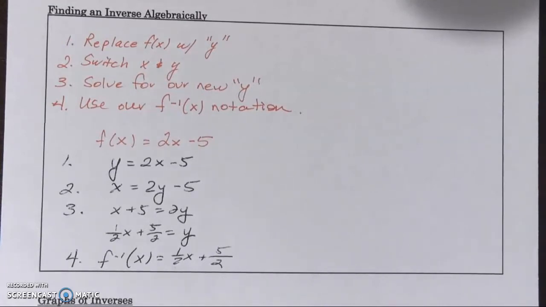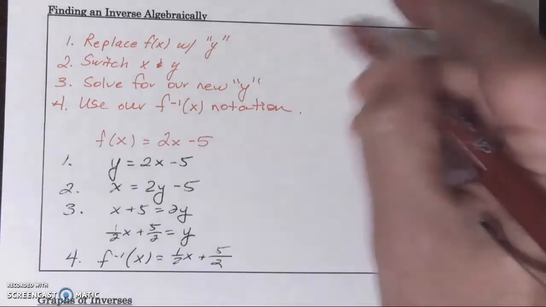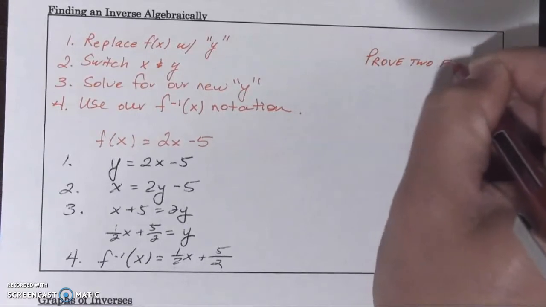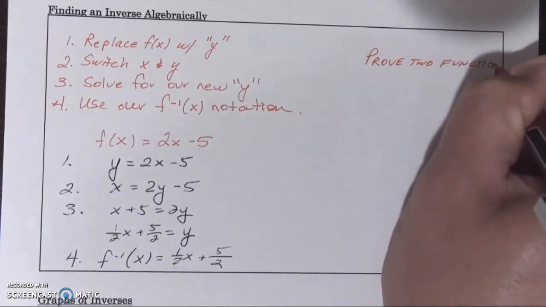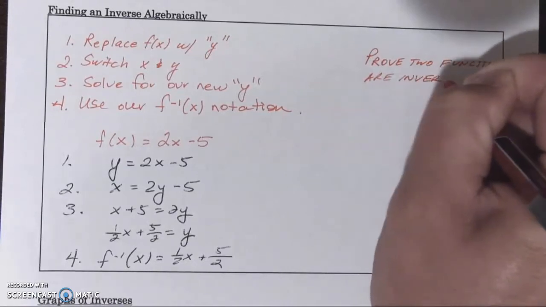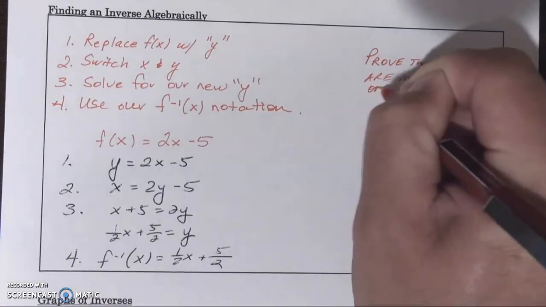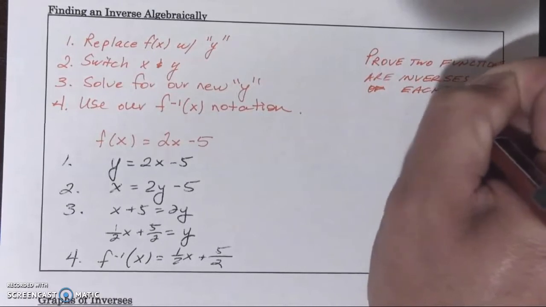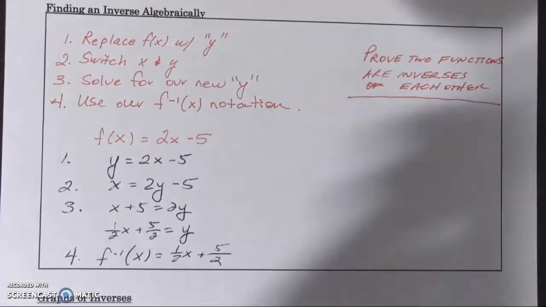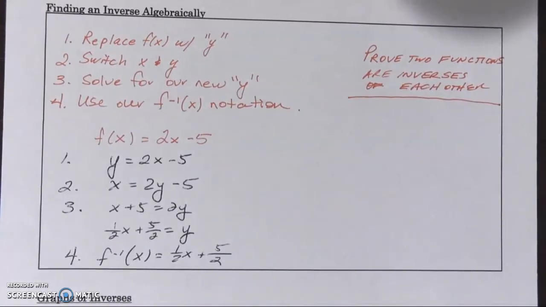Okay? All right. If we wanted to prove two functions are inverses of each other, and the second thing we kind of might do with inverses, we might ask you to prove that.